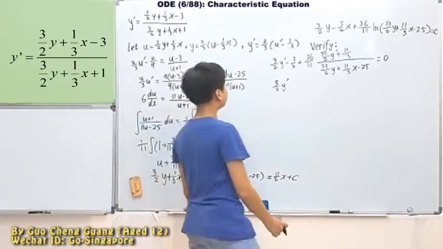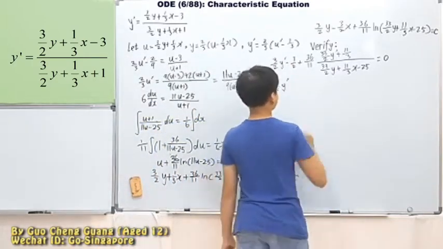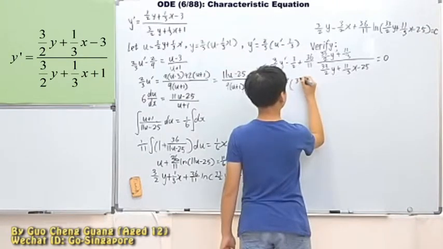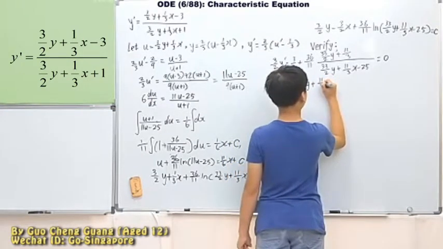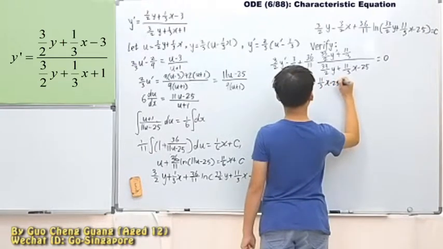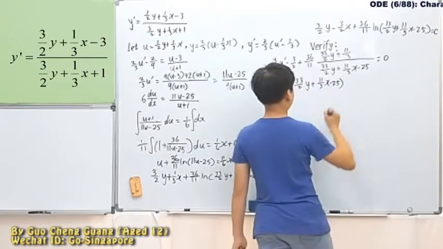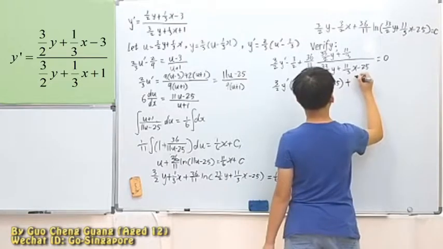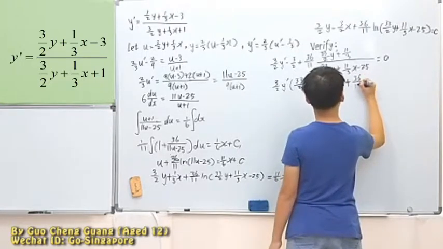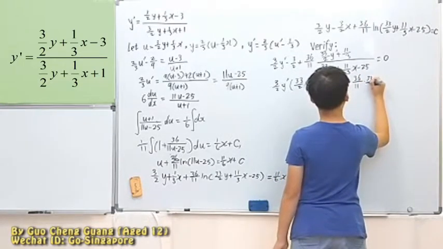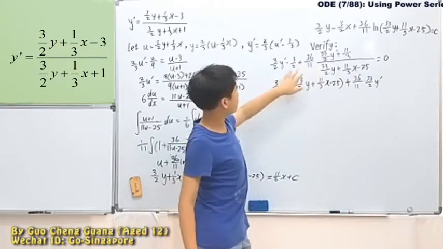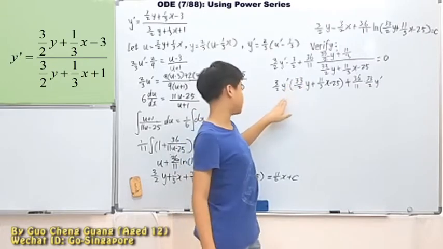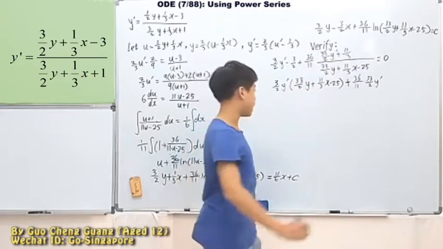Here you have another y prime. Then the terms without the first derivative of y, you put on the other side.